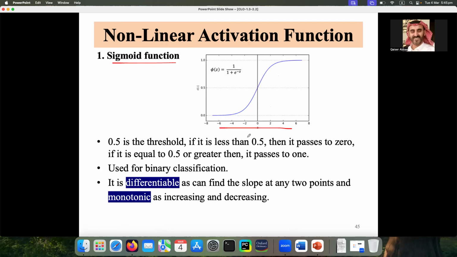If x is -4, y is also changing. If you see this graph, when x changes, you will see the change in y. So this is the differential property.